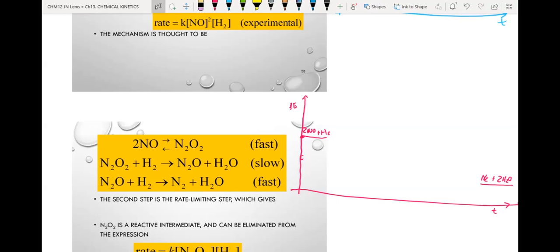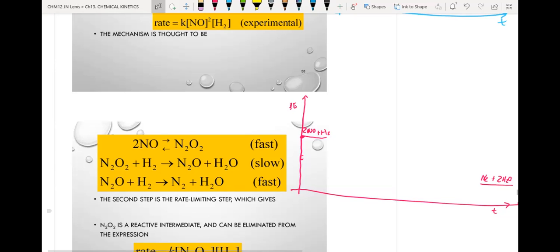My question is, what step has the highest hill? The step that has the highest hill is the slowest one.